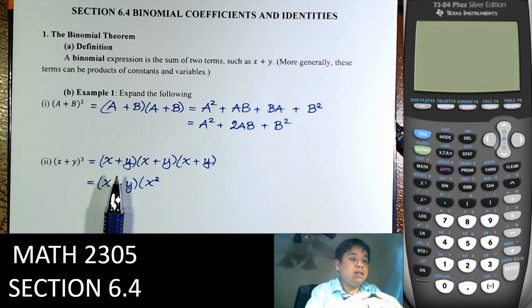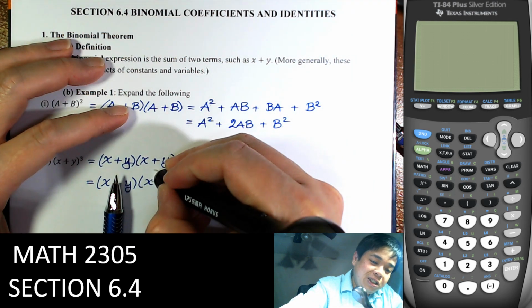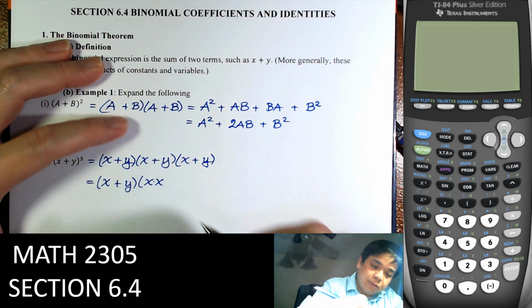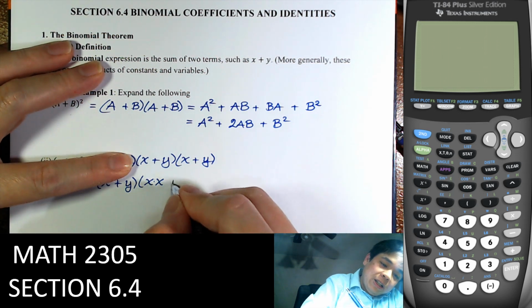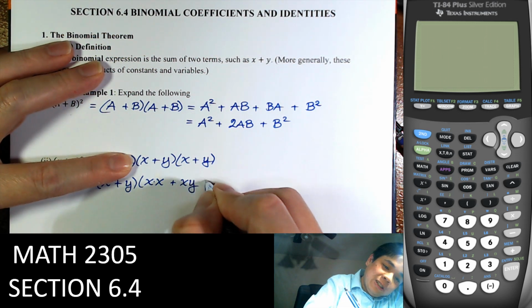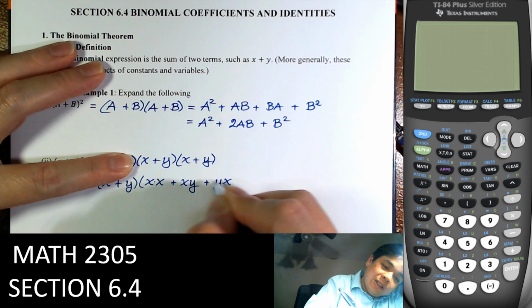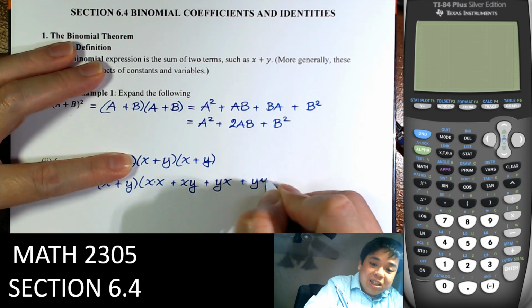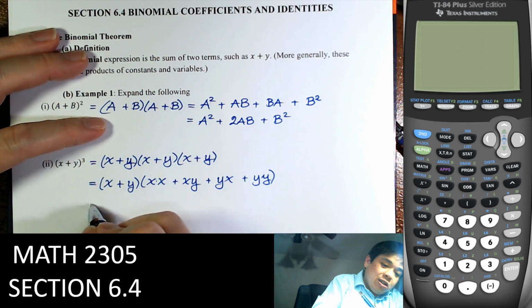I think that's even better. xx, xy, yx, and yy. It might look silly at first, but you'll see.